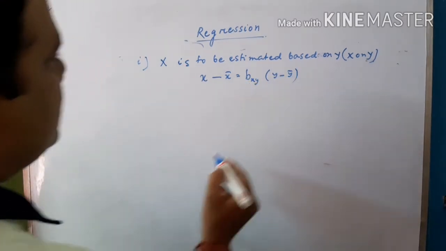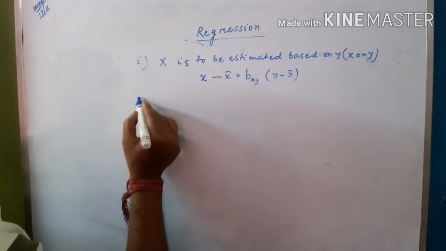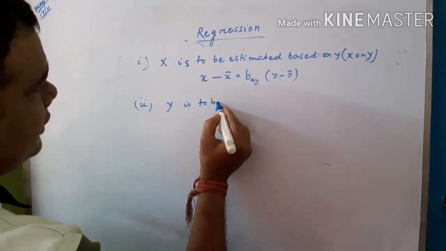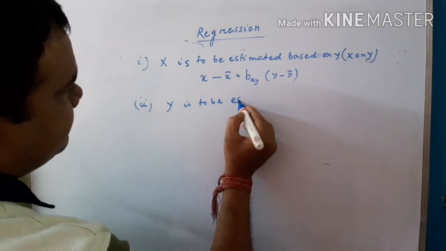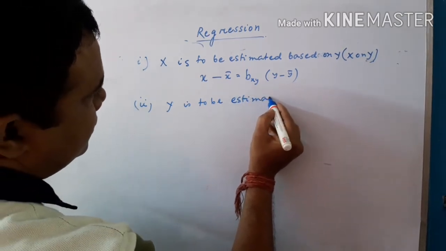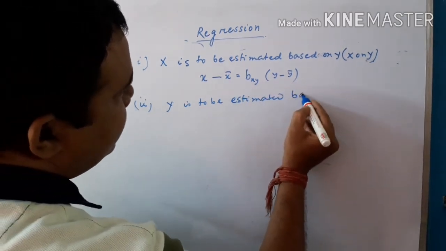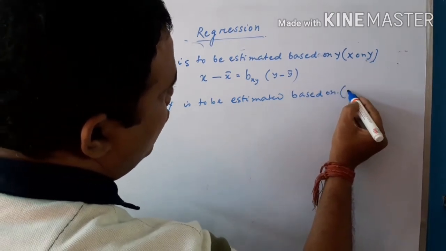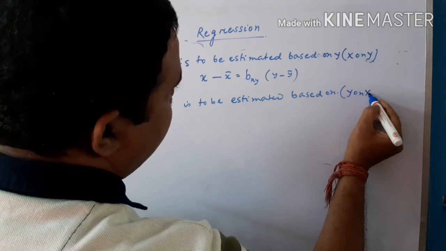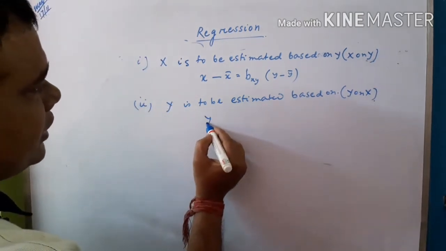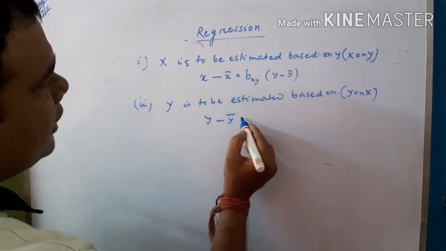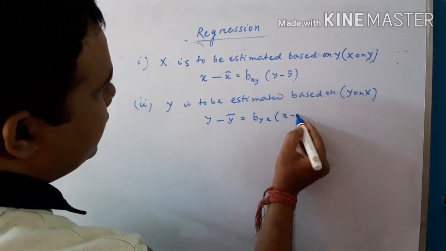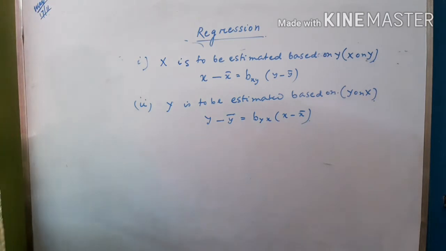minus y bar, and the other equation is y is to be estimated based on x. In brief, y on x, and this equation is y minus y bar equals byx into x minus x bar.